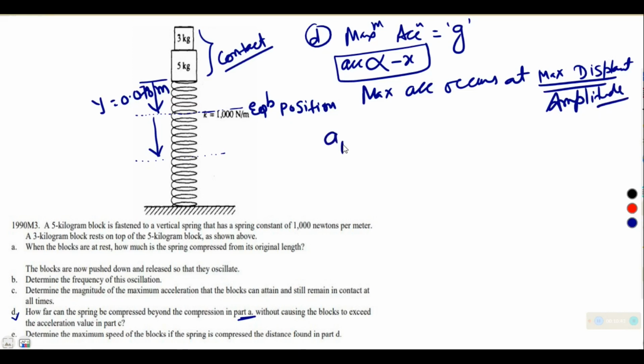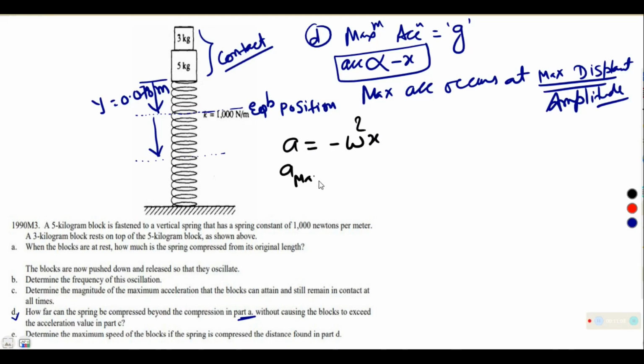So we know the formula for A max. This is the basic condition for acceleration of simple harmonic motion: acceleration should be equal to minus omega square into x.